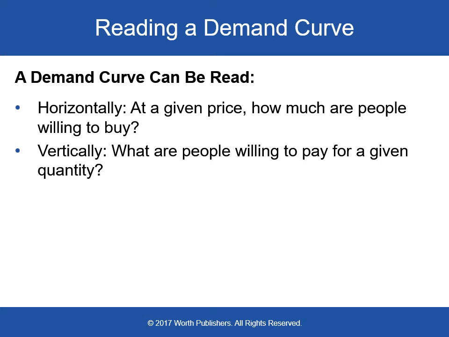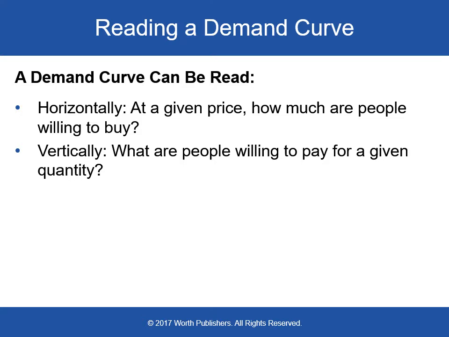So the example we just used is an example of reading horizontally. You quote me a price, I can tell you how much people are willing to buy. You could do it the opposite direction.